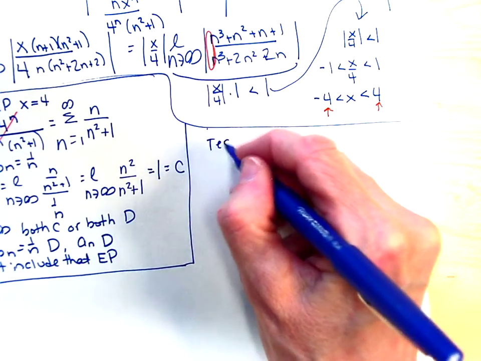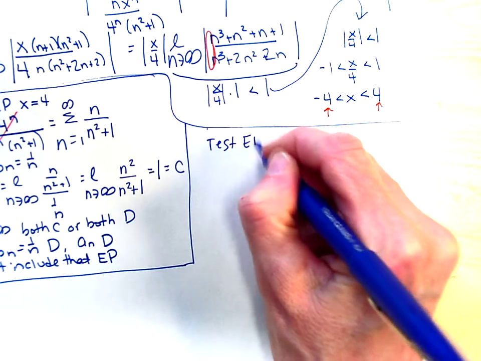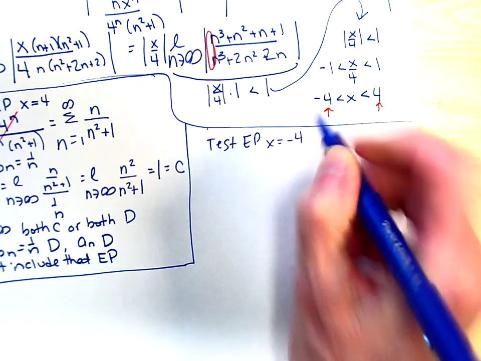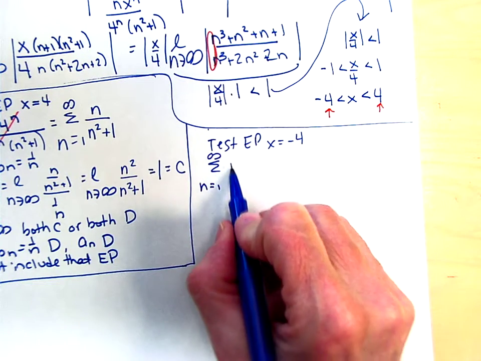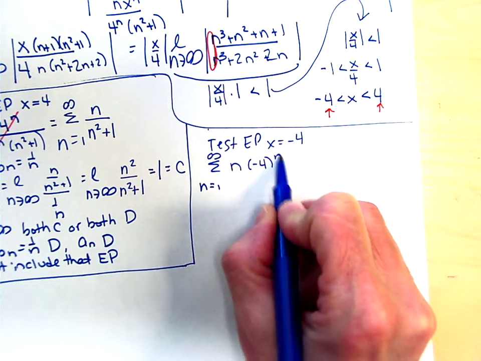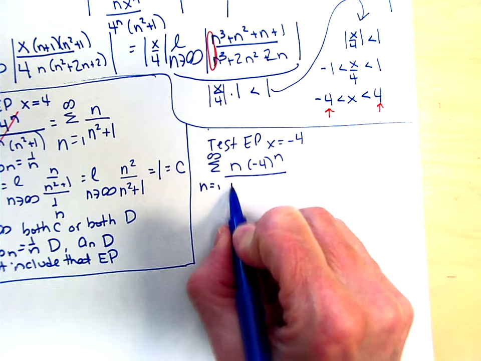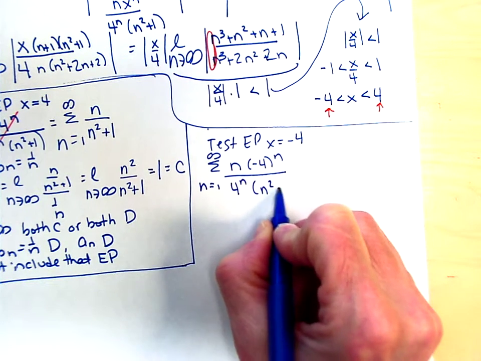Continuing on with our analysis, we're going to test the other endpoint, x equals negative 4. So the sum from n equals 1 to infinity of n, this becomes negative 4 to the n, all over 4 to the n, n squared plus 1.